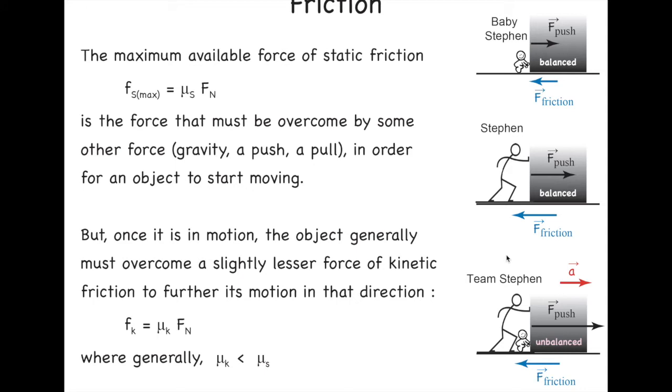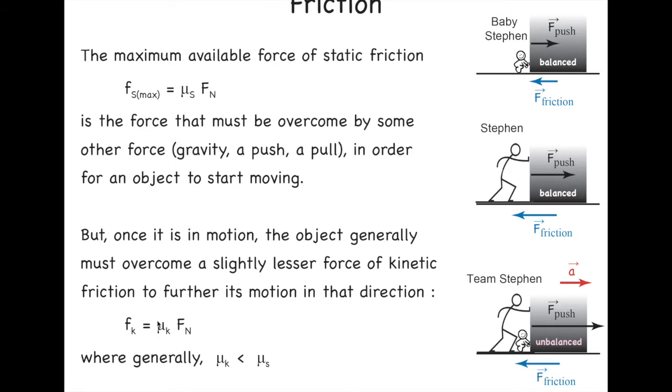It continued to slide all the way down because the force of gravity times the sine of the angle, right, because on an incline it's g sine theta, wasn't enough to overcome static friction. But once it was moving, that same g sine theta was enough to overcome the lesser force of kinetic friction.